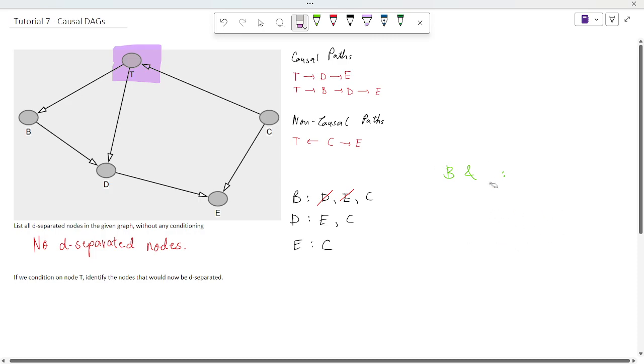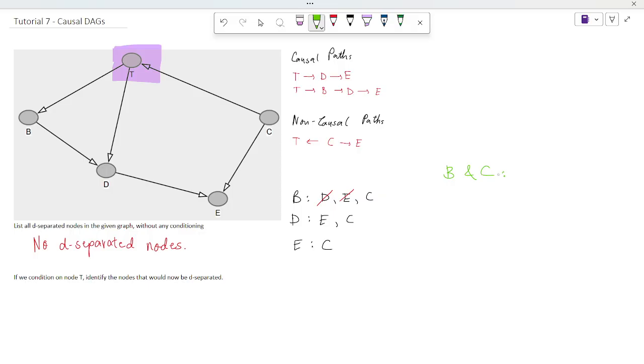Then we can look at B and C. Between B and C there was one particular path where you had a chain, which is now blocked, but let's list down all the rest of our paths as well.